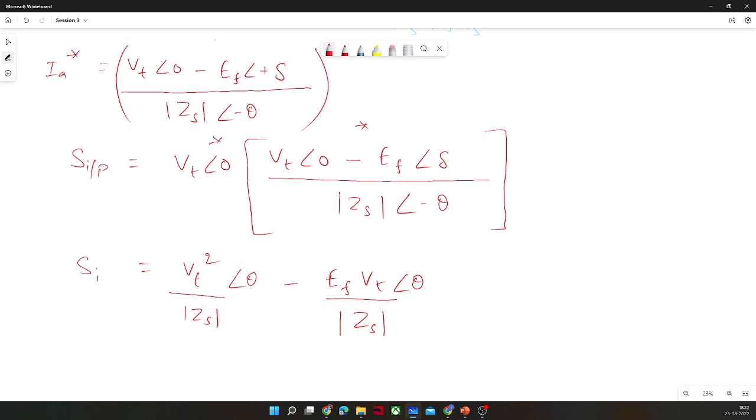So this was the input apparent power. After that, delta plus theta, sir? Okay, I missed the delta. Thanks. Delta plus theta.